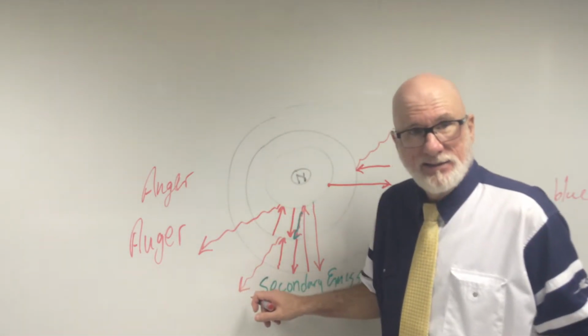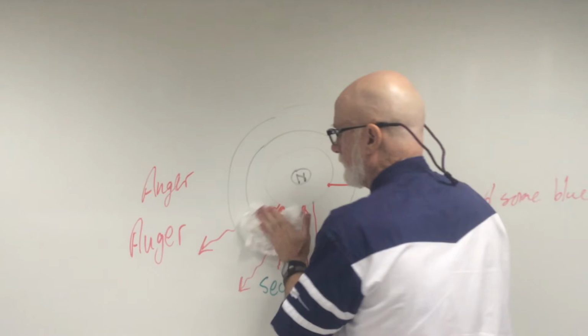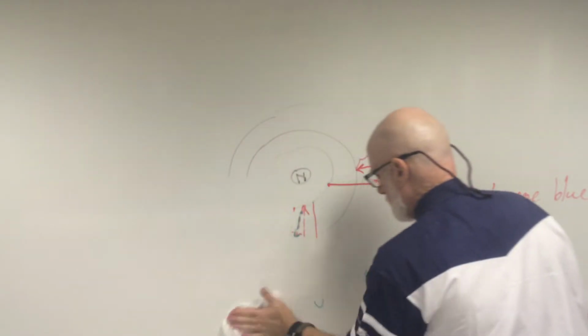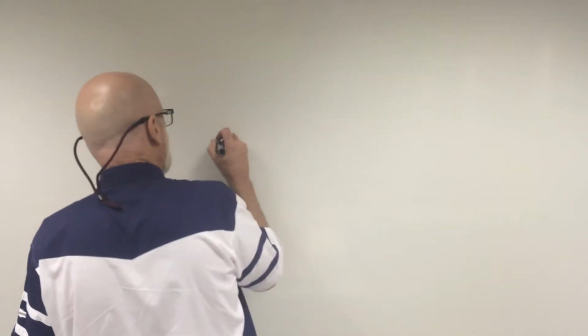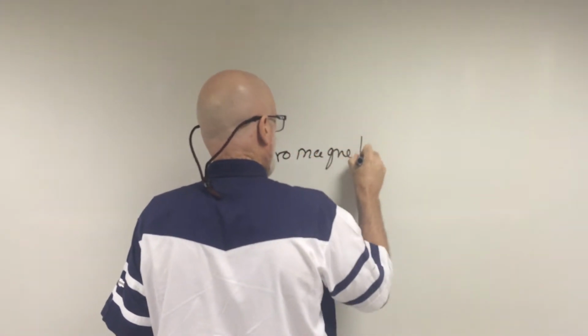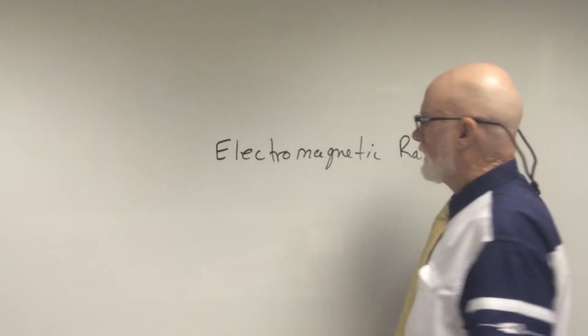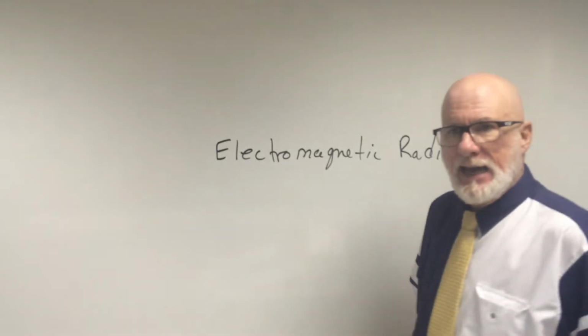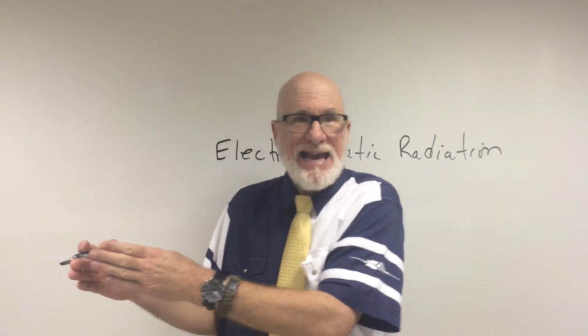This light, you know what this light is called? Electromagnetic radiation, and it can form a continuous spectrum.